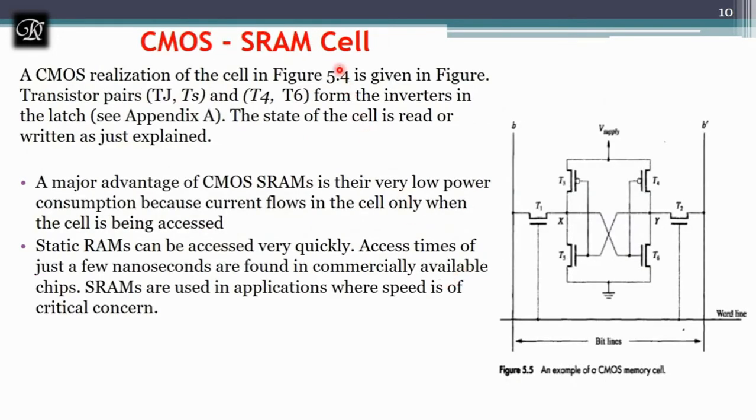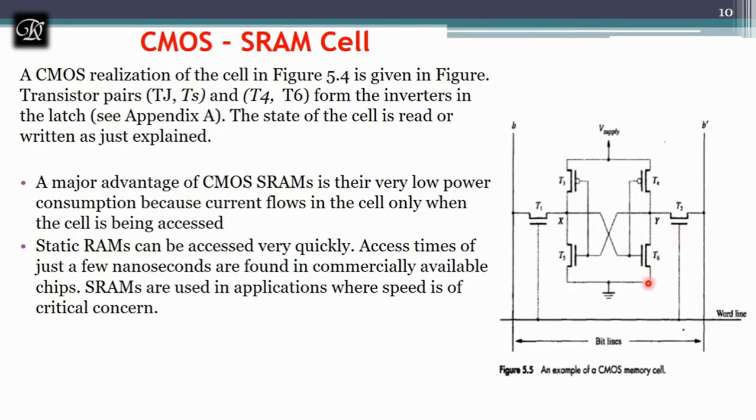The same SRAM cell can also be configured with the help of CMOS. The CMOS realization of the cell is shown in this figure, where we can see we are having 4 transistors additionally along with transistor 1 and transistor 2. Totally we are having 6 transistors over here.